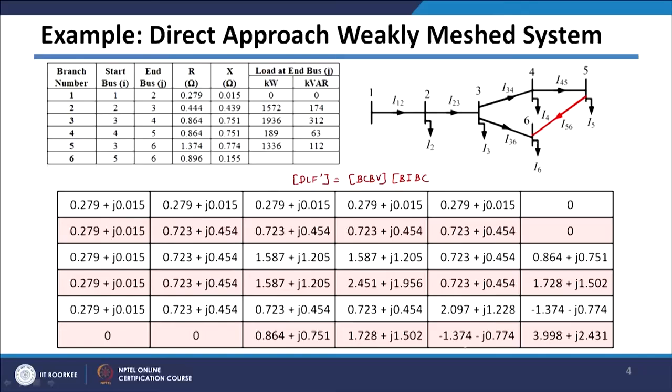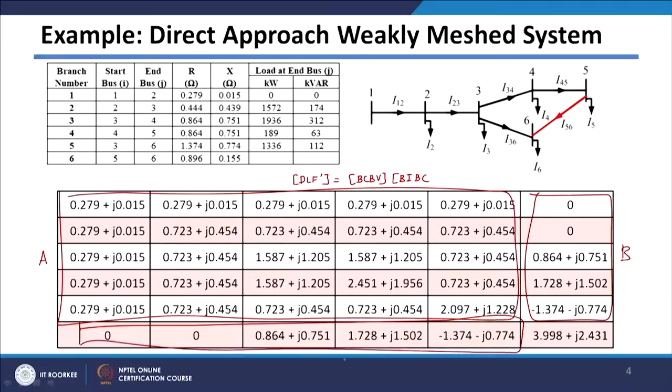And then what we did, we divided this matrix into 4 parts. This part of the matrix, which is basically the radial part, we called matrix A, this part we called matrix B, this part matrix C, and this part matrix D. The actual DLF matrix, we have seen, is A minus B into D inverse C, but C is actually equal to B transpose.